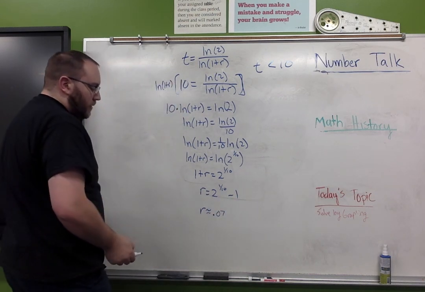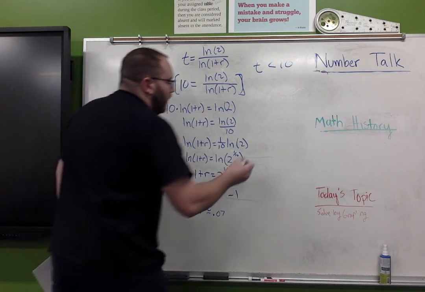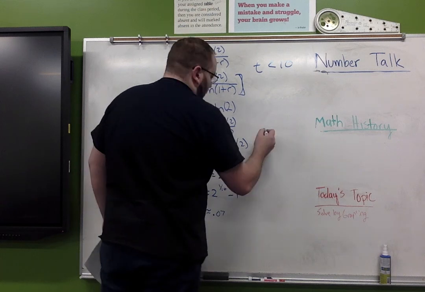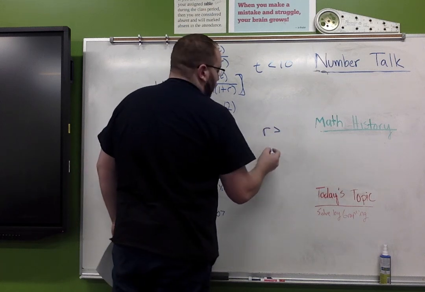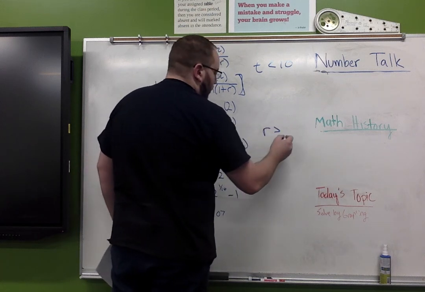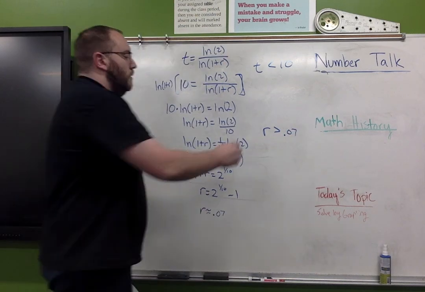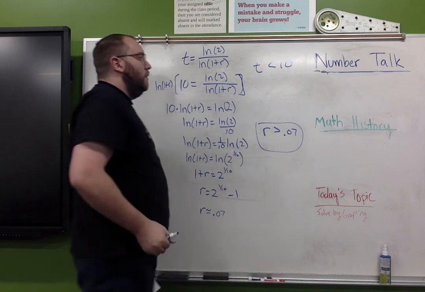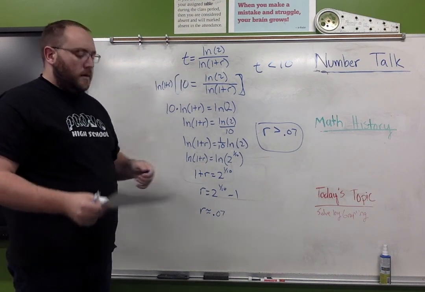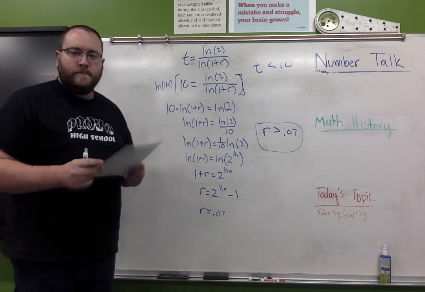So any rate where r is strictly greater than 0.07 will double our money in 10 years.